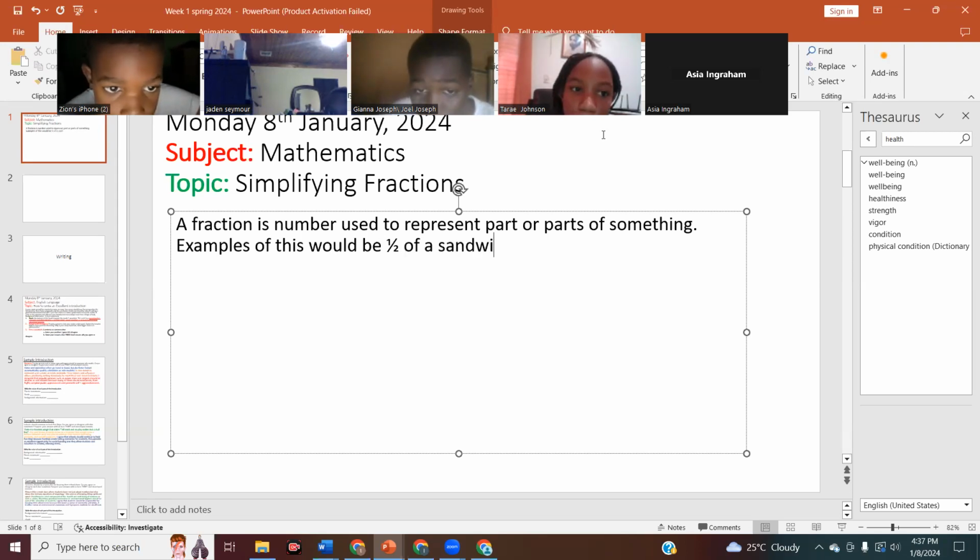When I say one half of a sandwich, what does that mean? The sandwich is sliced in between. Yeah, the sandwich is sliced exactly in the middle, right? So each of us gets what? Equal amounts.